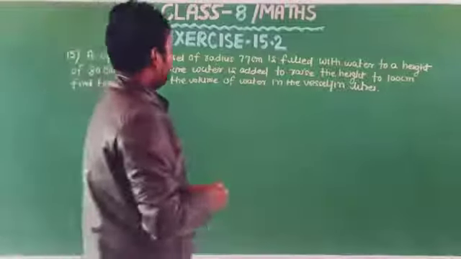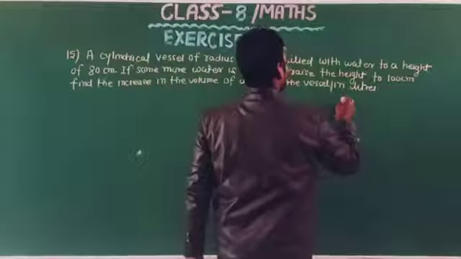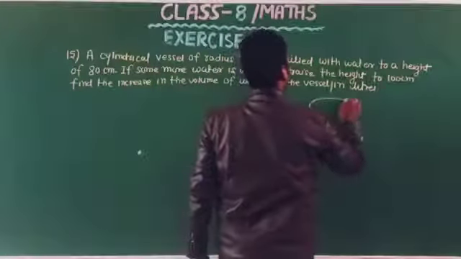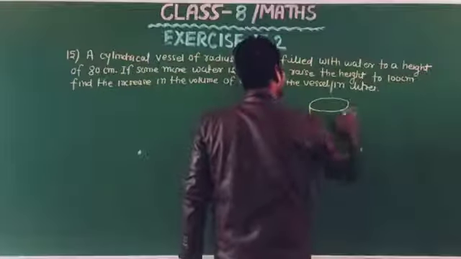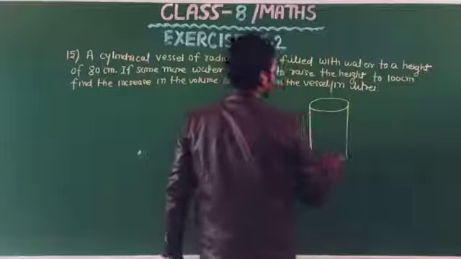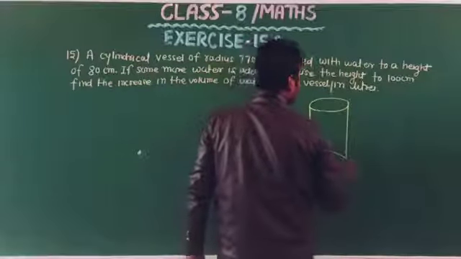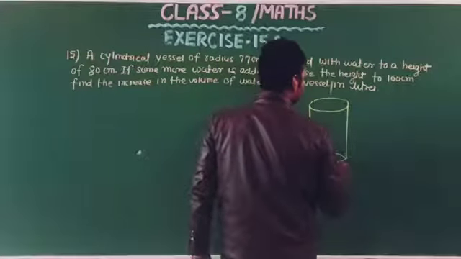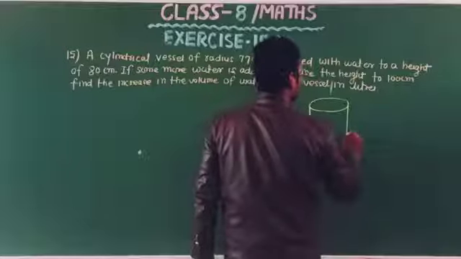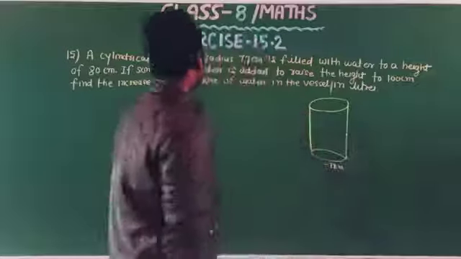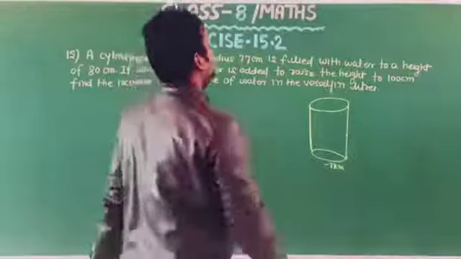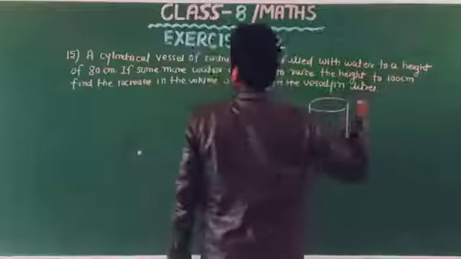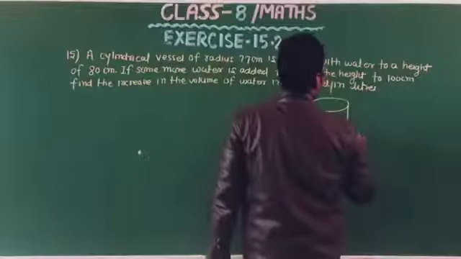So we are given a cylindrical vessel whose radius is equal to 77 centimeter. Here water is filled up to a height of 80 centimeters.